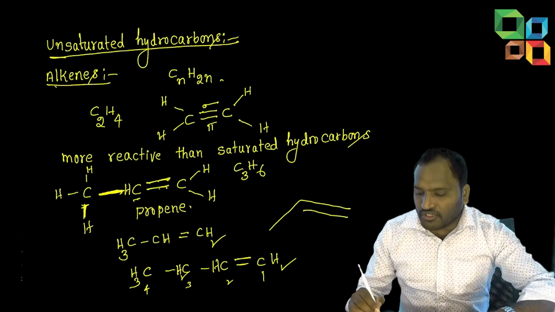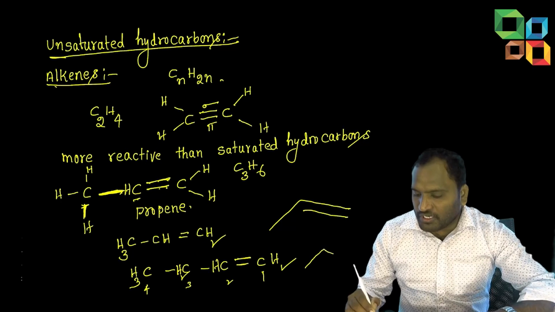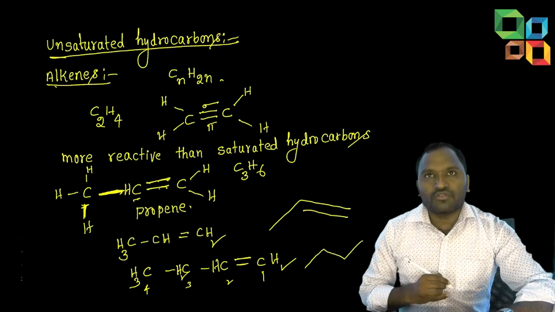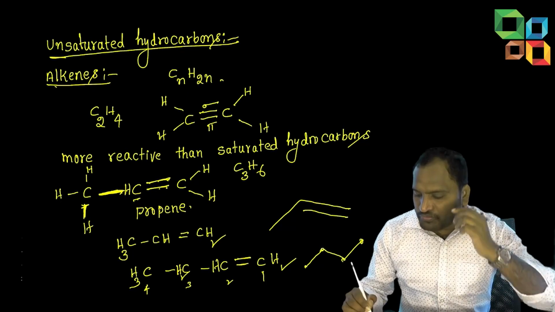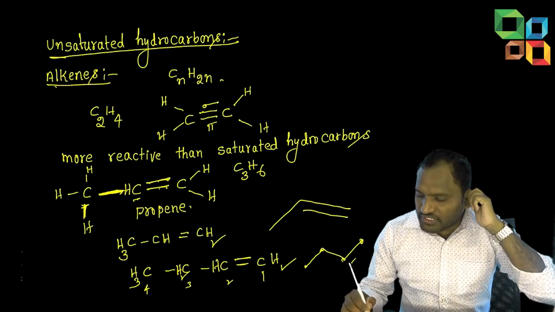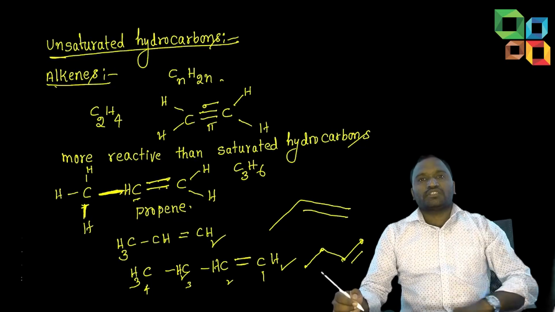For this line structure, how to draw? First you draw 4 carbon atoms, numbered 1, 2, 3, 4. Between the first and second carbon, the double bond is there. In the same way you keep it.